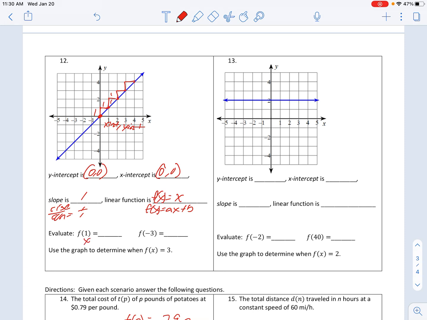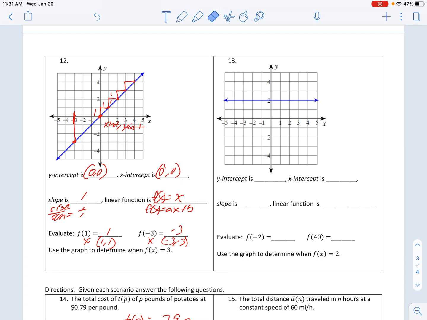When x is, say, 1, where's my graph? So x is 1, located right there. When x is negative 3, it's right here on the x-axis, down here at negative 3. And then lastly, oops, wrong way.